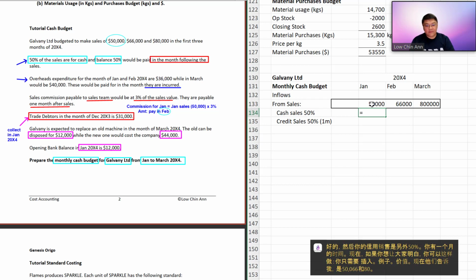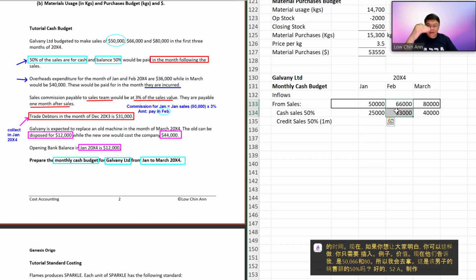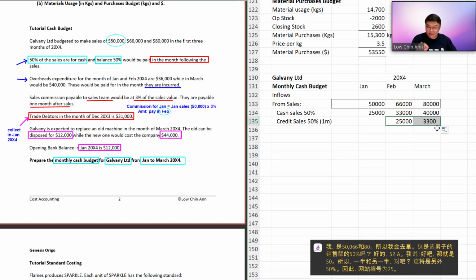So I'm going to get 50% of the sales of the respective month. So 25, 25, then 33, 33. You can see that?